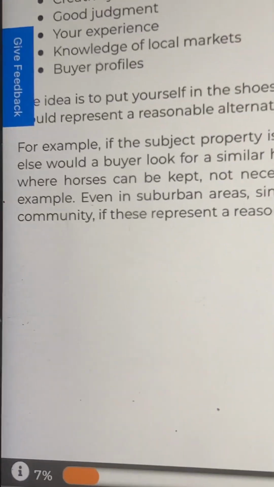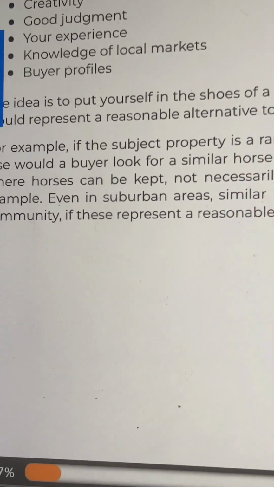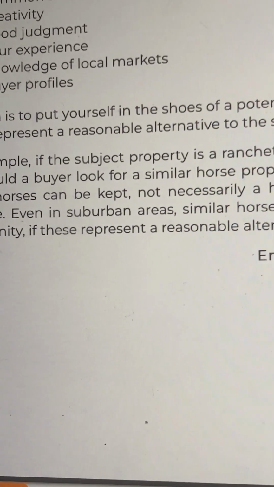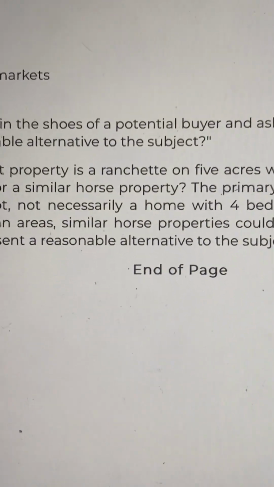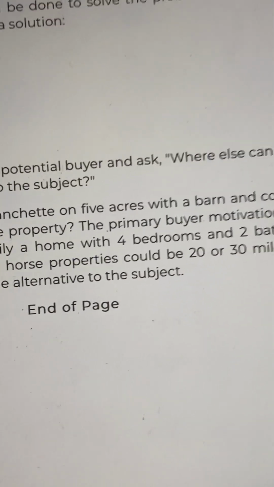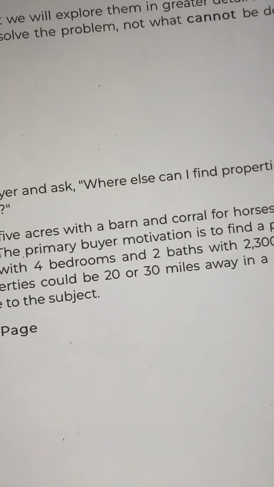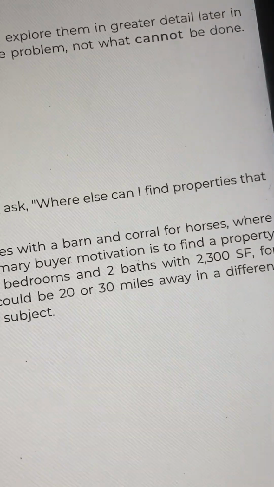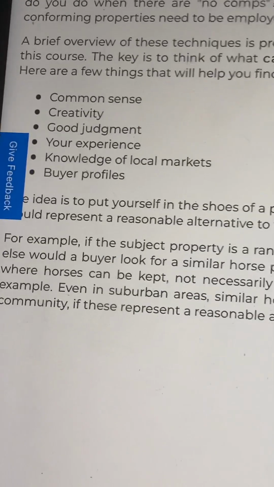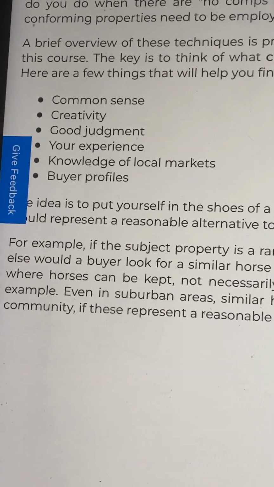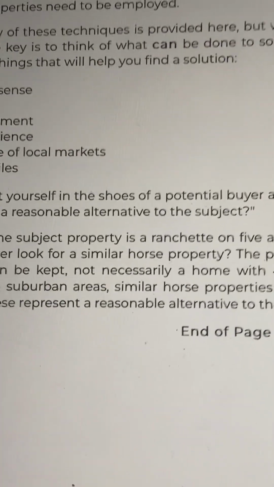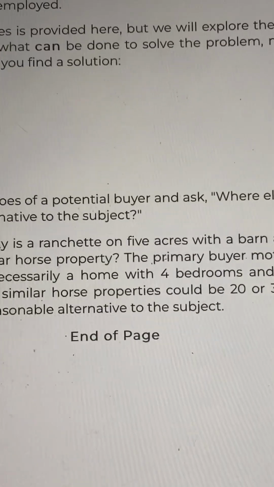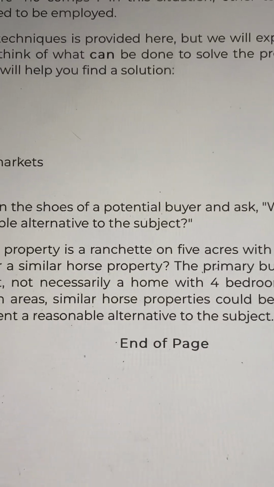For example, even in suburban areas, similar horse properties could be 20 or 30 miles away in a different community, if these represent a reasonable alternative to the subject.